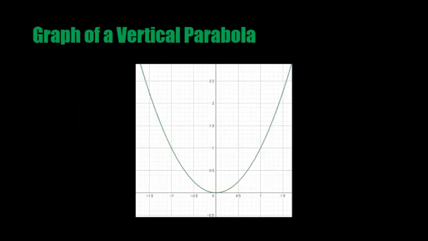So a standard parabola would be this U shape drawn. And so what we're going to do is first set up an arbitrary axis of x and y just to define where we are within the coordinate plane.